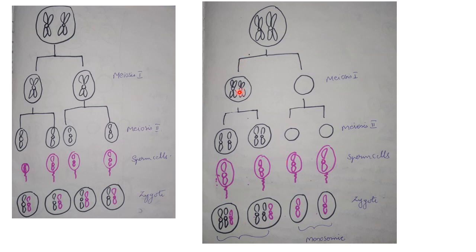Here, during meiosis 1, the chromosomes do not separate. They are taken as such to only one cell and not distributed to two cells. So one cell will have this particular chromosome and the other cell will not have that chromosome. Then in meiosis 2, the chromatids separate, but this cell, the defective cell, will have two chromatids.